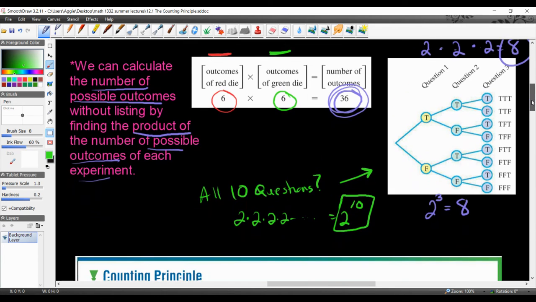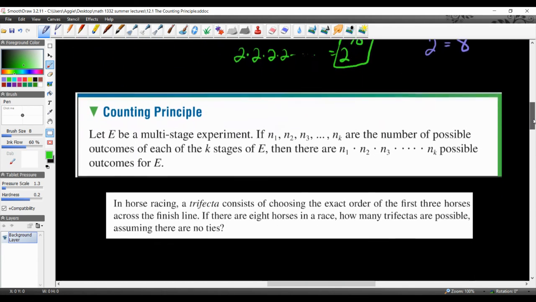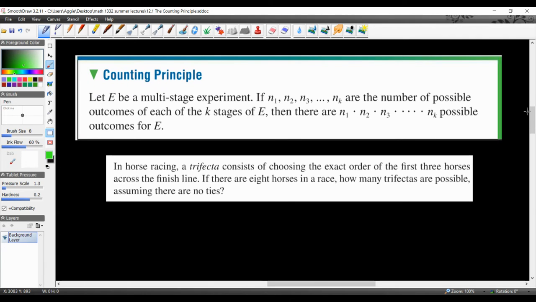So we're going to define this officially now. The counting principle says the following. Let E be a multi-stage experiment. That's kind of like our stage here. If n1, n2, n3, all the way to n sub k are the number of possible outcomes of each of the k stages, like think of the stages like question 1, question 2, question 3, then there are n1 times n2 times n3 all the way to n sub k possible outcomes.